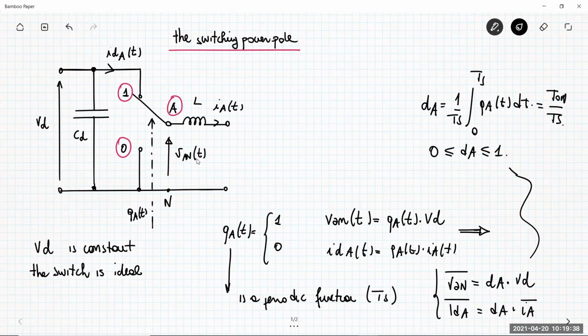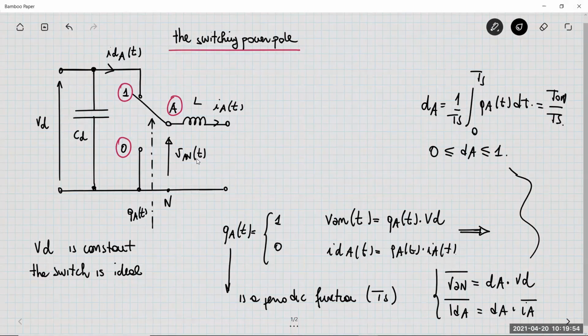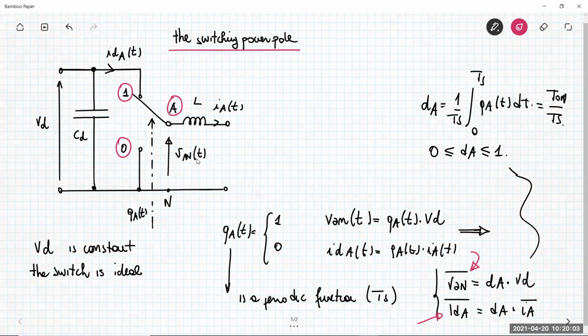The consequence of these characteristics that we found out last week is that the average quantities, for example the output voltage at the current port or the current at the voltage port of this switching power pole, depend on the duty cycle, which is the average value of the unitary switching function.